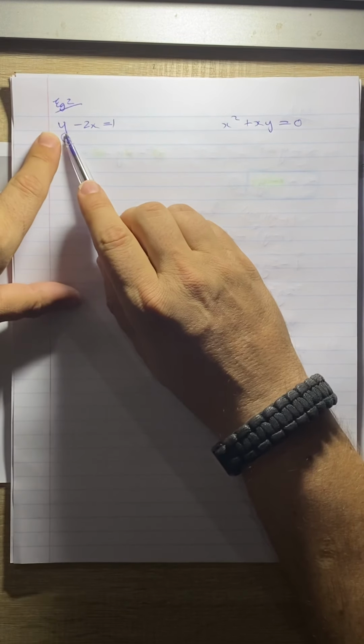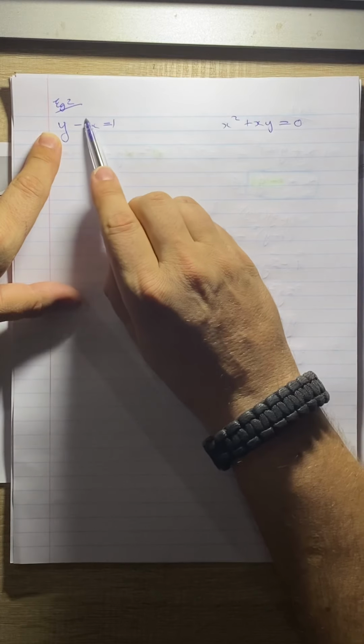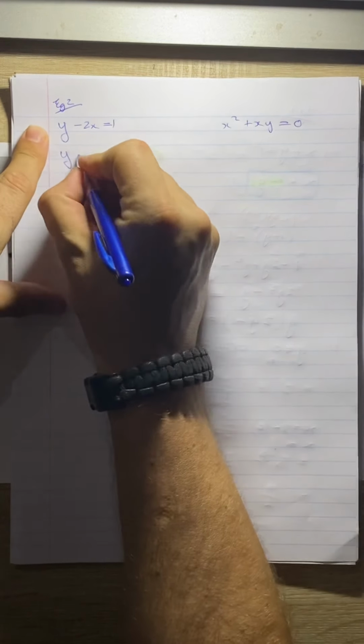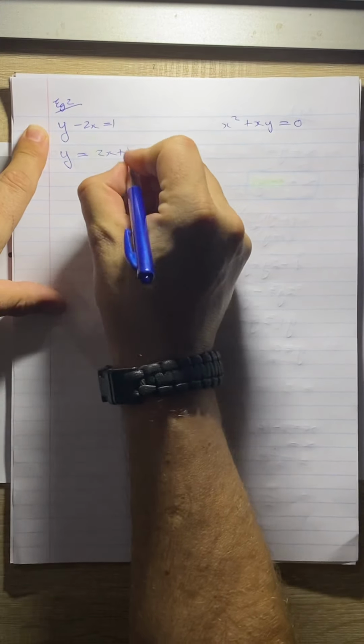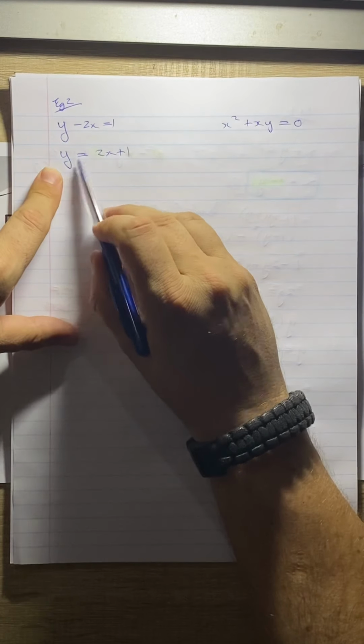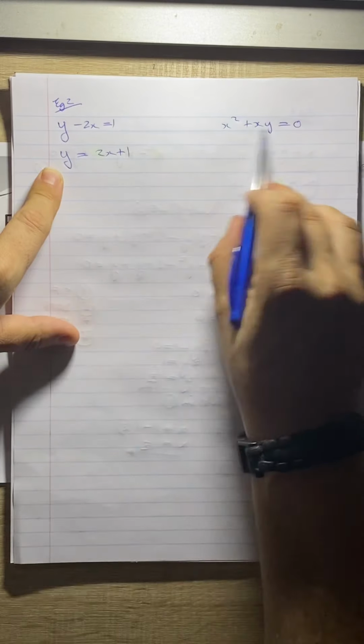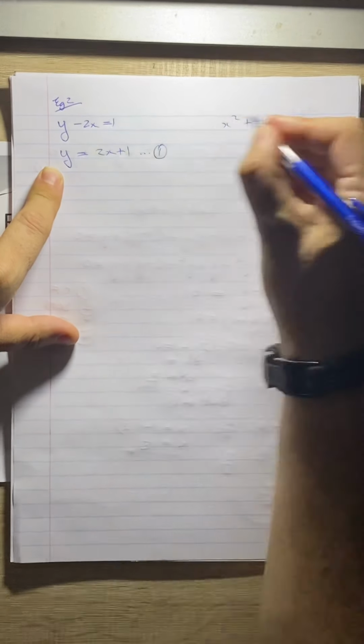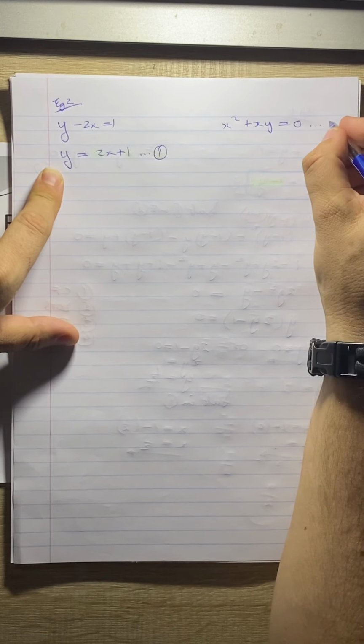But if I have a look here, if I take the minus 2x to the other side, then I've got one variable. So y is equal to 2x plus 1. Now that's a lot easier, and it saves us when we start substituting into the other equation. So I can call this equation 1, and I can call this equation 2.